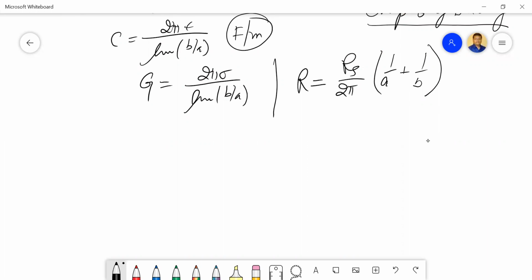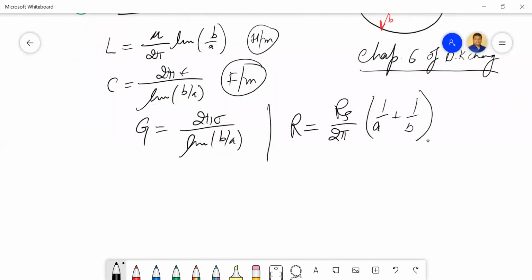So these are the different lumped parameters for the coaxial transmission line.